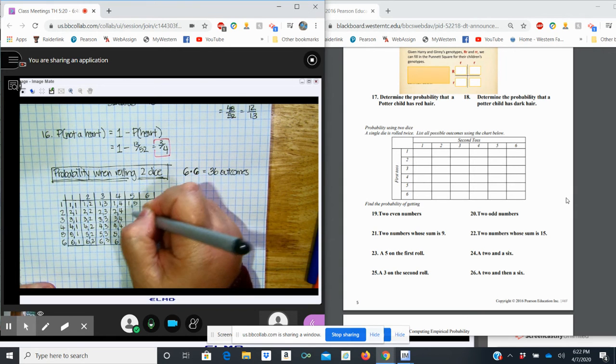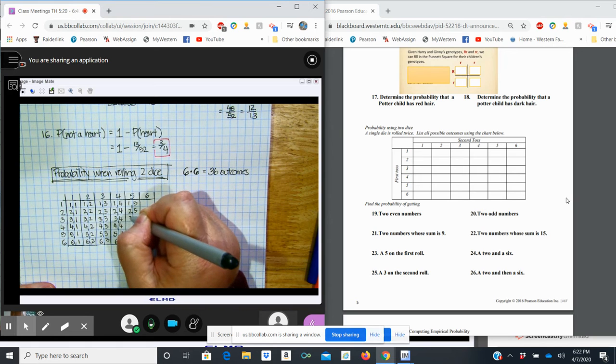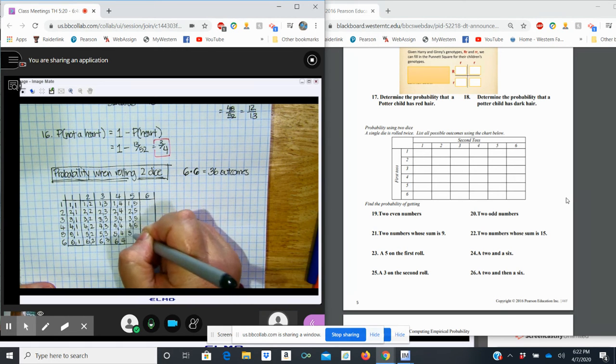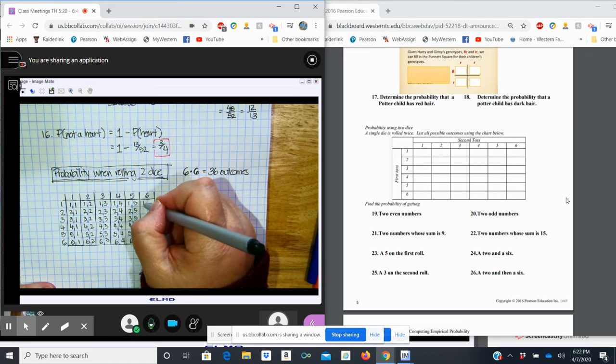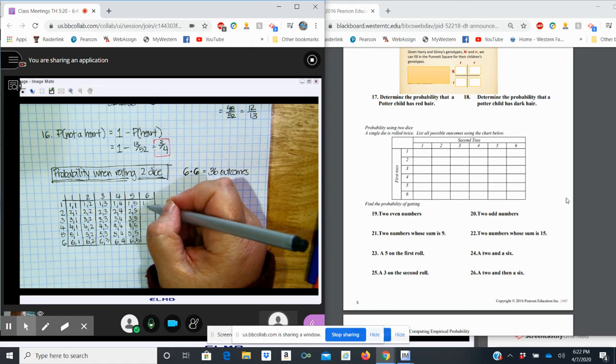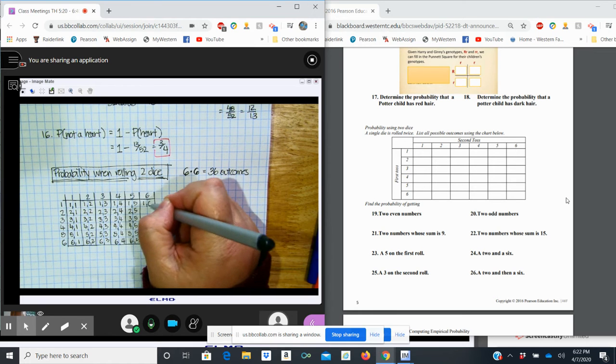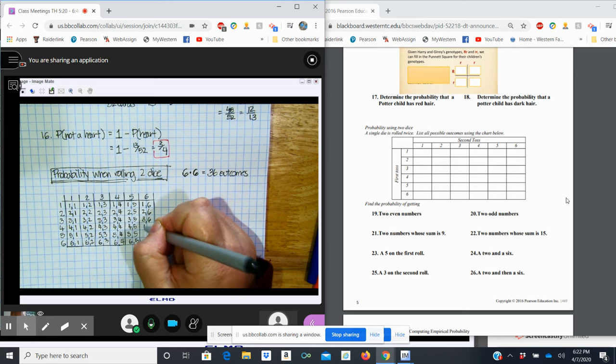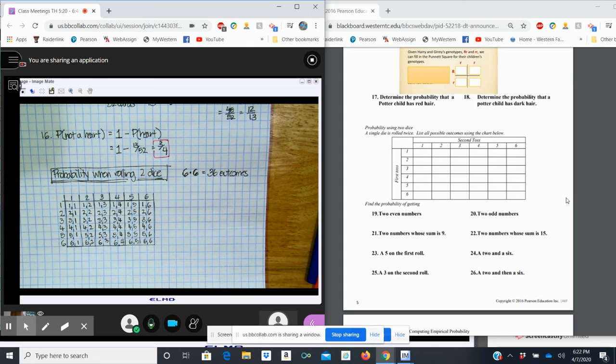Excuse me, a 1 and a 5, a 2 with a 5, a 3 with a 5, a 4 with a 5, a 5 with a 5, a 6 with a 5. Or I could have rolled a 1 on the first die and a 6 on the second, then a 2 with a 6, a 3 with a 6, a 4 with a 6, a 5 with a 6, and a 6 with a 6.